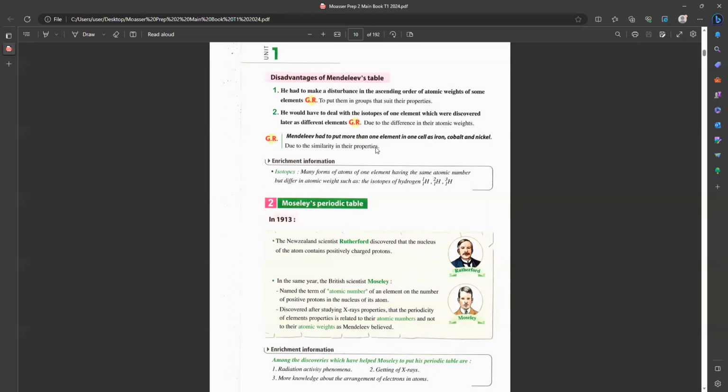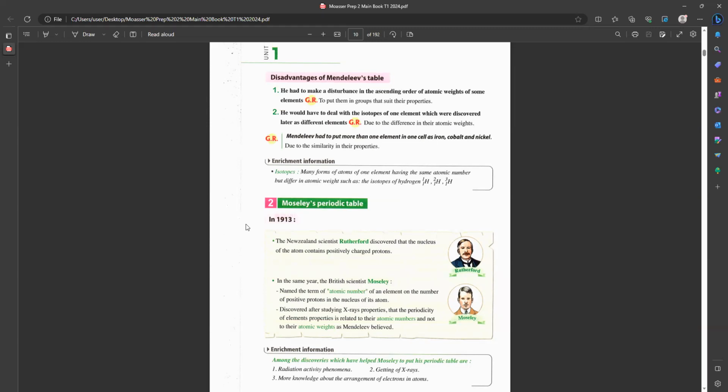The second attempt is about Moseley's periodic table. Moseley, the scientist from New Zealand, discovered something important about the atom. He discovered the nucleus of the atom. We studied in grade 7 that the atom consists of a positive nucleus in the center, and negatively charged electrons revolve around the nucleus.